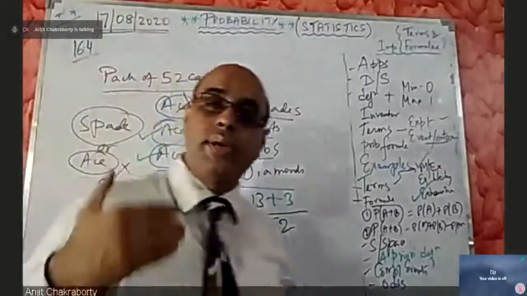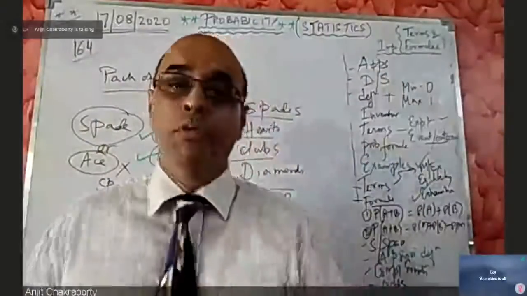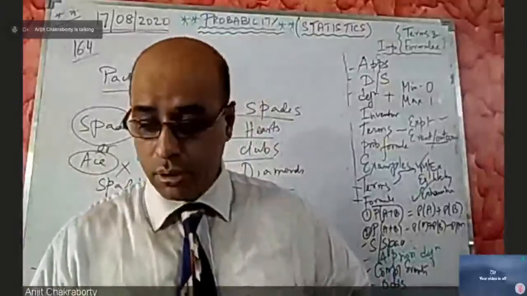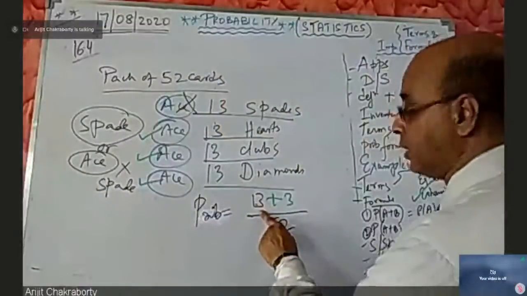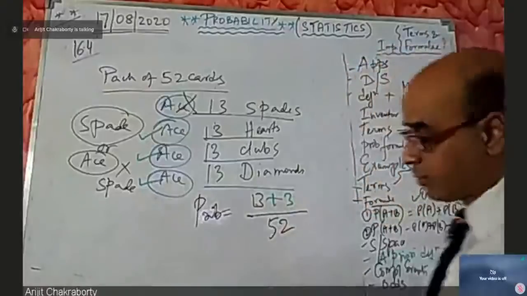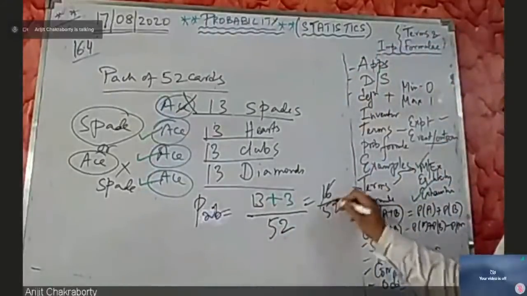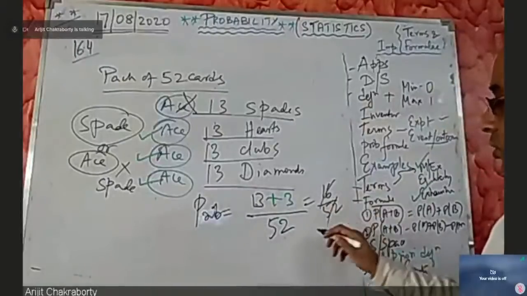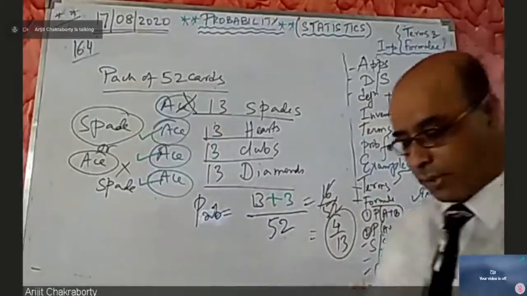The total number of outcomes favorable to me as per the question in this 16.4 example is 13 plus 3. So the probability is 16 by 52. I think it goes by 4. So it gives me 4 by 13. So the probability is 4 by 13.